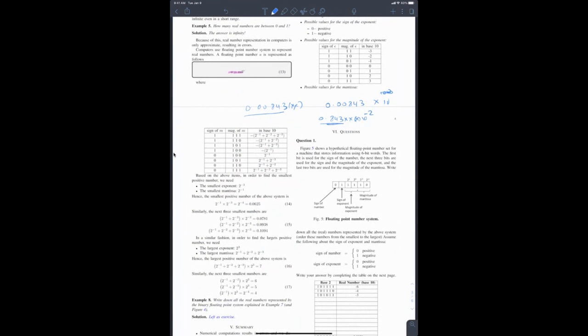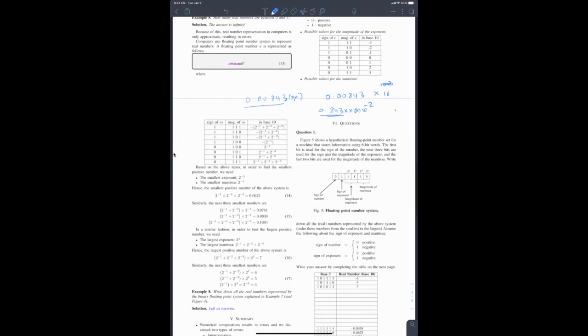So that is a rule that must be followed when you do this floating point representation: there must be a nonzero number next to the point. It is followed in the IEEE standard. This is a very simplified version of the IEEE standard.